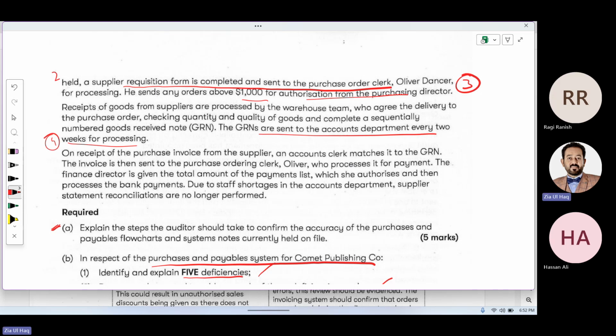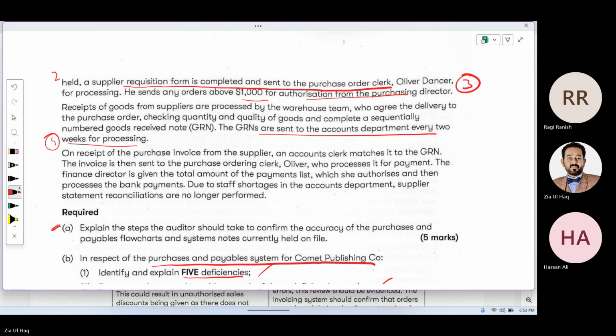If you are making too late payment, it could affect our relationship with the supplier. Through this bad relationship, maybe in future the supplier will not be willing to provide goods on credit, or to give us more discount, because we are making late payment. The reason is our process is not quick enough.